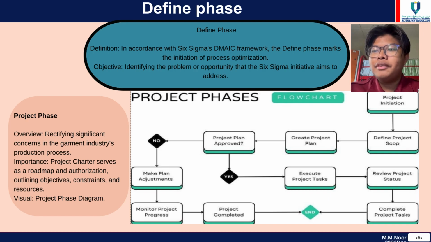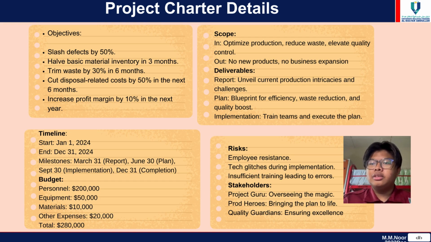The next part is the define phase. We start our define phase with creating a project phase. This project phase will act as a roadmap or outline of our project. Next part is our project charter. Our project charter contains objective, timeline and budget, scope, deliverables, risk, and stakeholders.